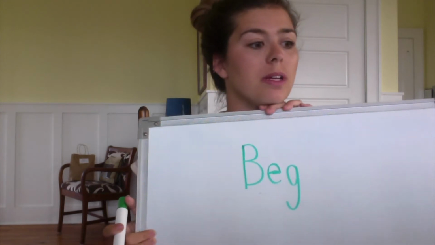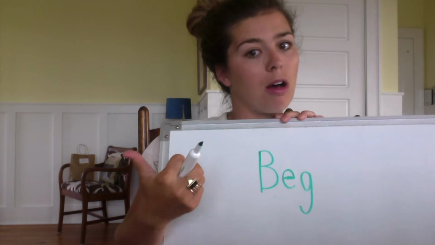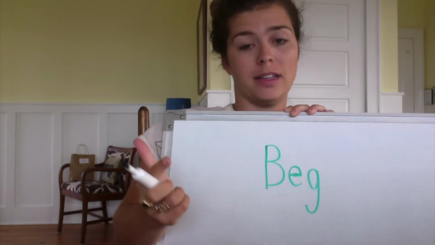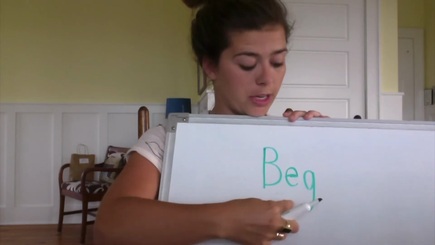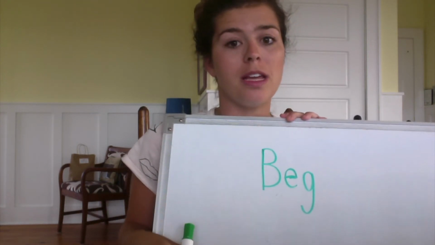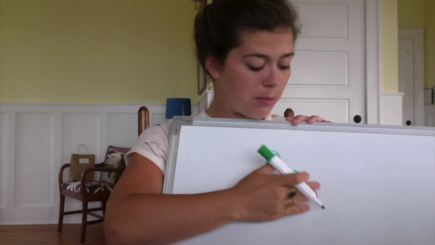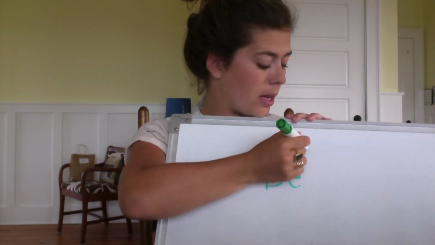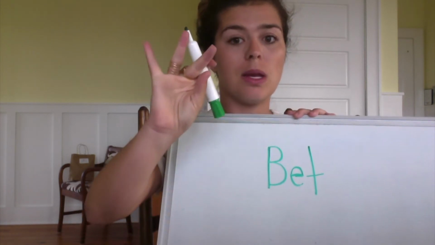Now what I want us to do is I want to change the ending sound. We knew how to spell bug and big and now beg. But now I want to change this ending sound from a G to a T. So it was beg and now it is bet. Good.